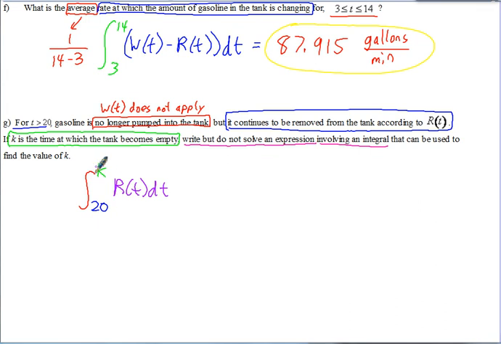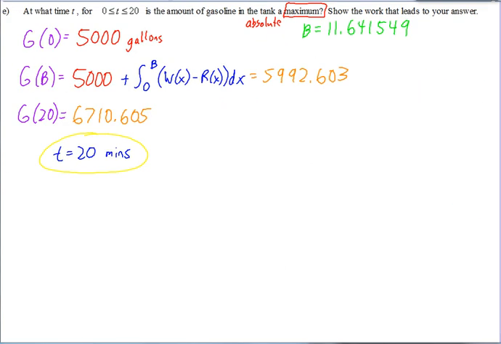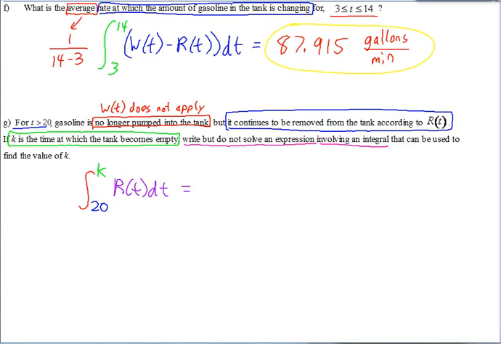So in order to make it become empty, the amount removed has to be how much was in there at time 20, which if you look back, we already figured out. At time 20, there was 6,710.605.